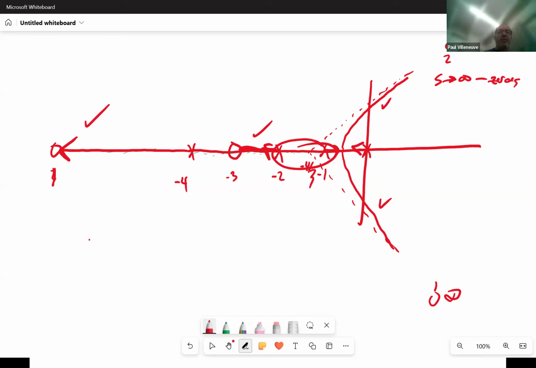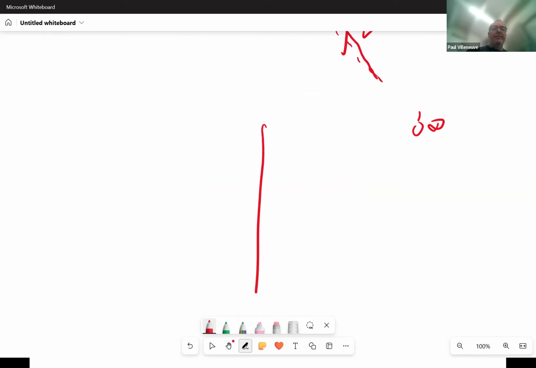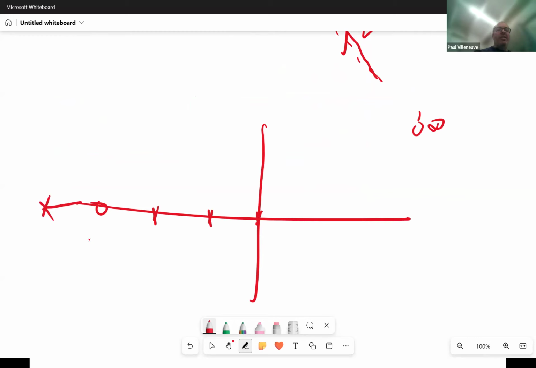I could have said, oh, well, let's redraw that. I certainly could have said, oh, well, Paul, let's just do this, right? Can't the root locus live there? And can it live over here like that?